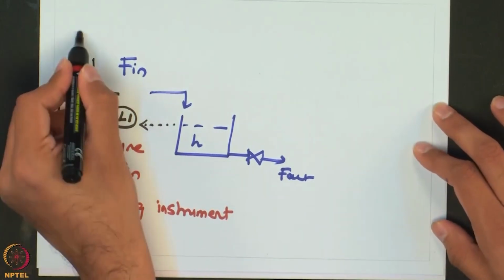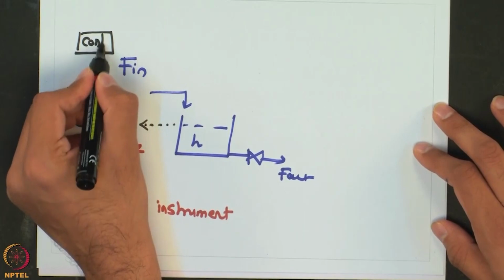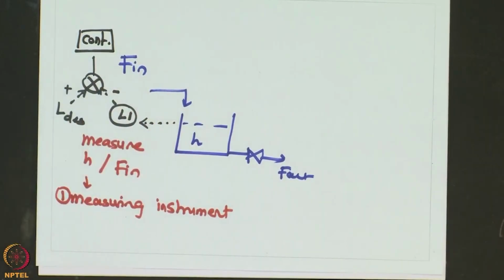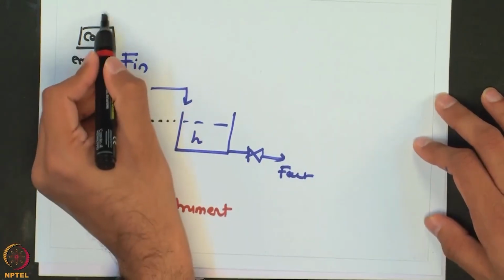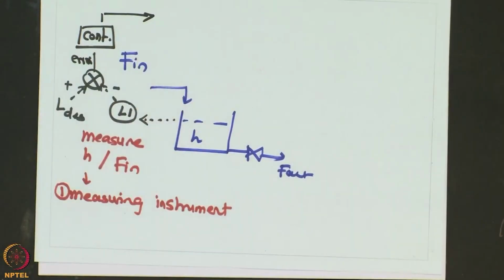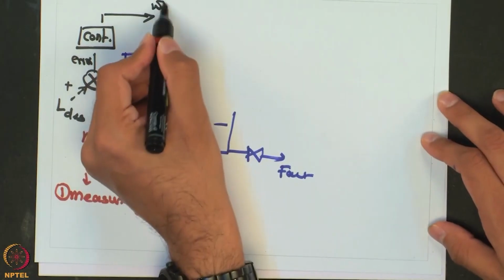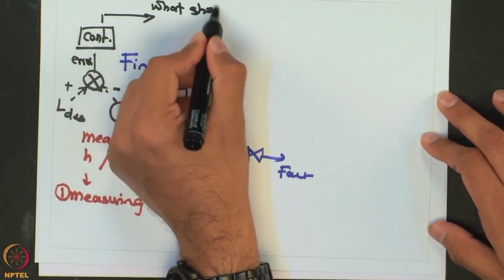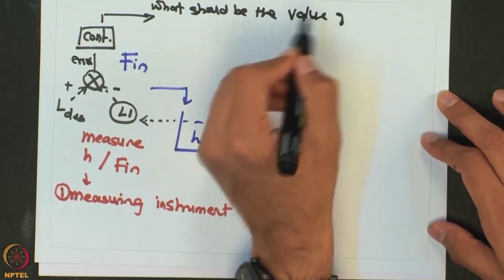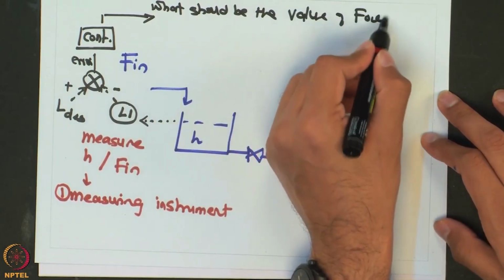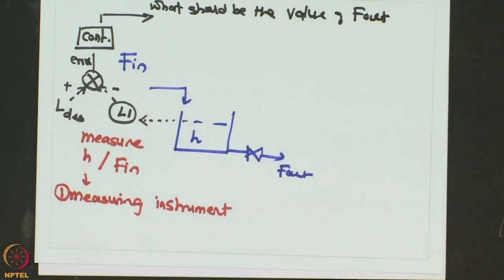So, your control action or the controller would work on this error signal, and it will give out a particular action on what should be the value of outlet flow rate. But again, this controller is an electronic piece of equipment.